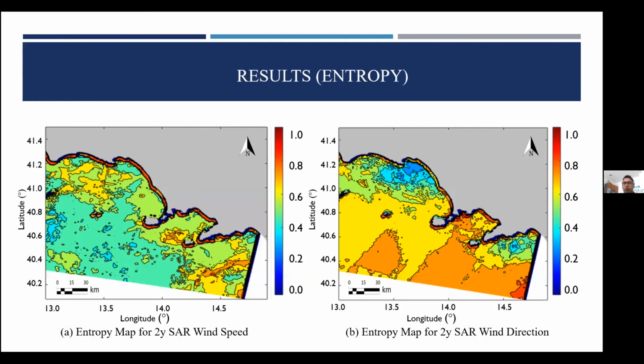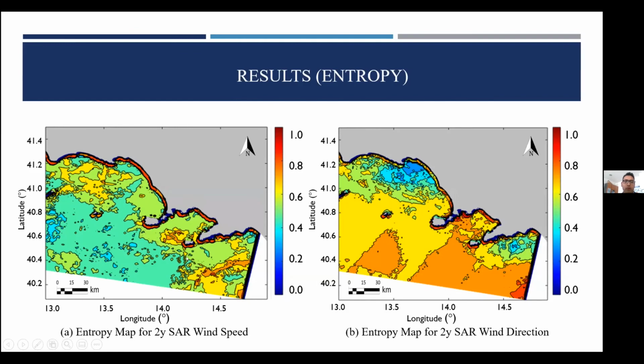In the case of spatial variability, we can look at the entropy map, which shows the 2-year SAR wind speed and wind direction over the examined period. We can see that near the coastal area there is more variability compared to the open sea.